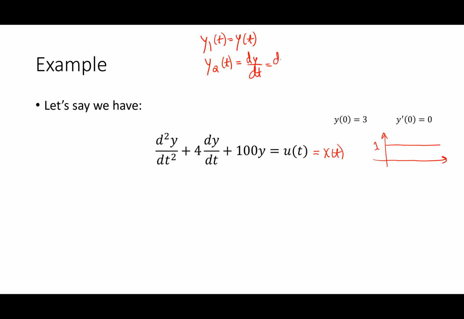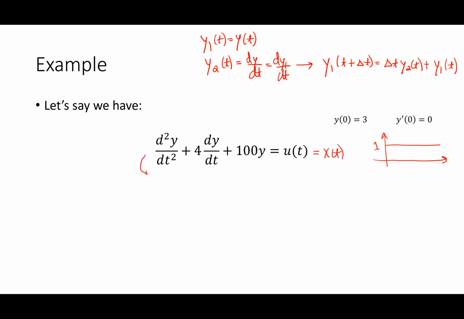Now, discretizing this equation yields the first of the two equations that we need to solve this problem, which is that y1 at the next time step is equal to delta t times y2 of t plus y1 at t. That's the first equation.